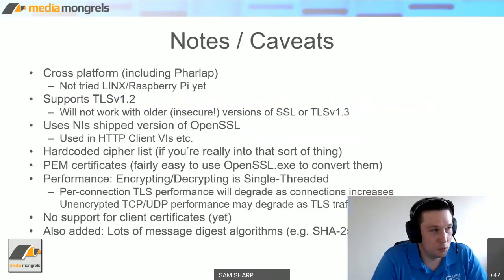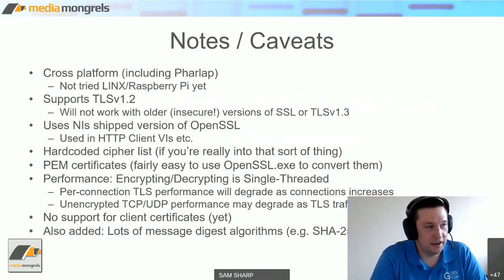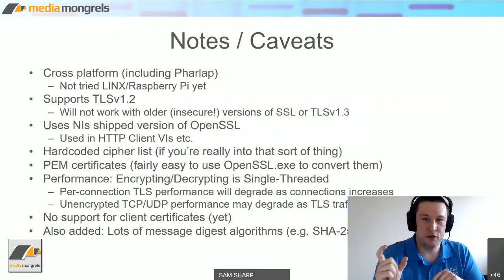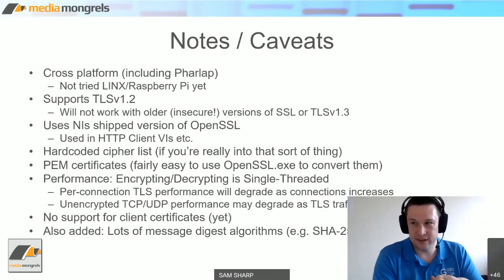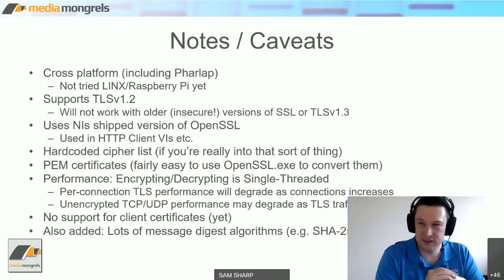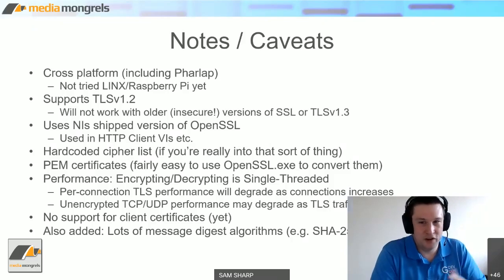It only supports TLS 1.2 and a fixed set of ciphers. One of the things I found when testing my WebSockets library is that the server uses TLS 1.2, but with an out-of-date, fairly insecure cipher. At the moment, the list of ciphers you can use is hard-coded, but I think there are plans to allow you to change that.